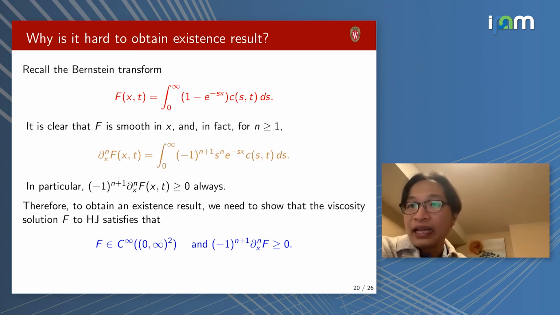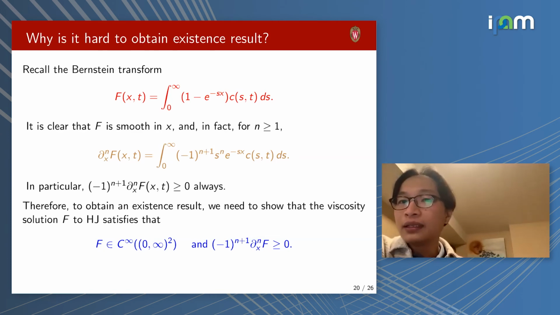And it even has a sign: minus 1 to the power n plus 1 times the nth derivative of f is always non-negative. Therefore, to prove existence of a solution to coagulation-fragmentation, what is really hard here is to show that the viscosity solution is C infinity. And furthermore, not just that it's C infinity, the derivatives change signs.